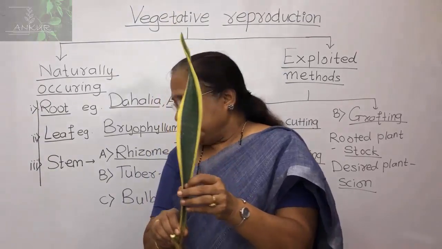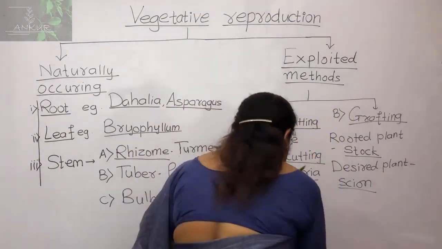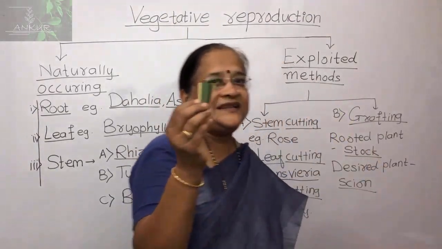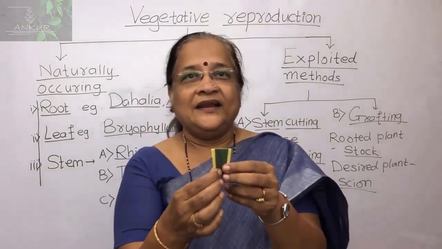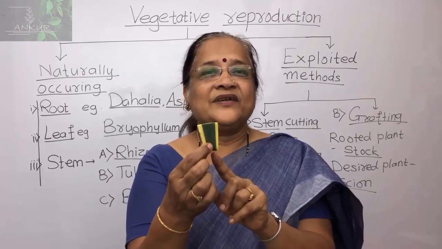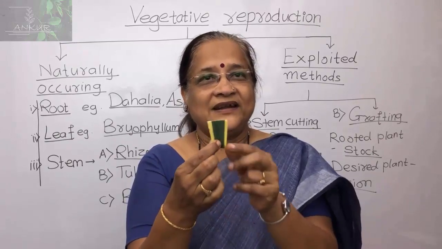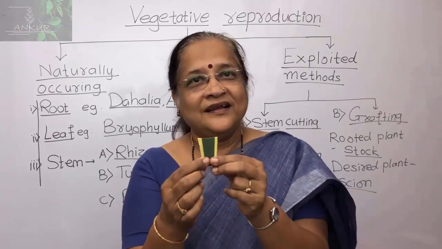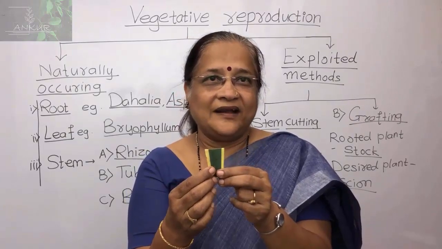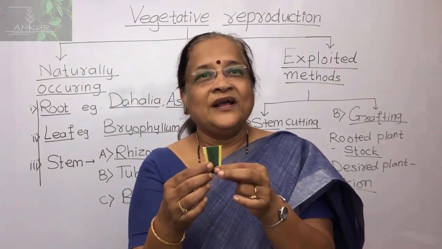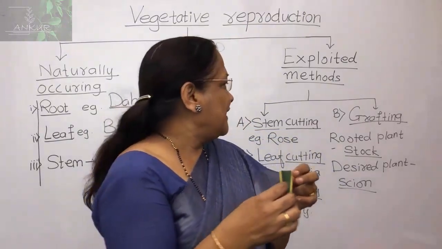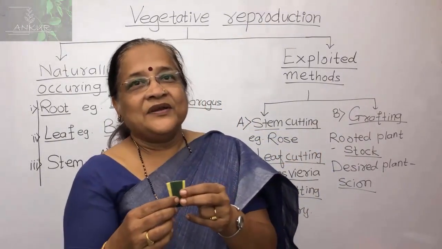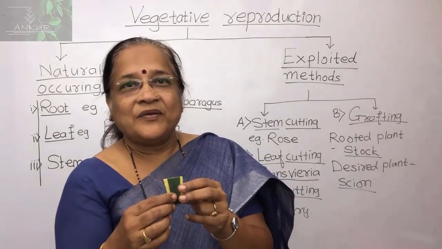But when we take a very small part of the plant, pieces like this of 1 or 2 inches, and put them into soil, from this also we get roots, and from that leaf also you get a new plant of sansevieria. So it is the example of leaf cutting which is exploited by horticulturists, and from one leaf you get so many plants.